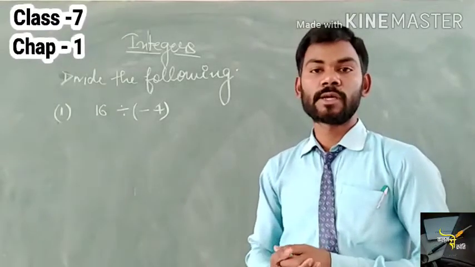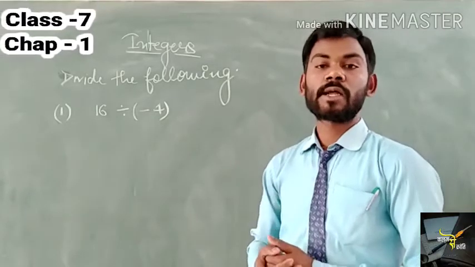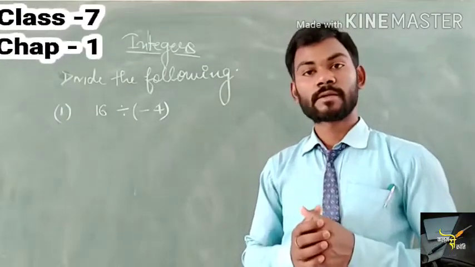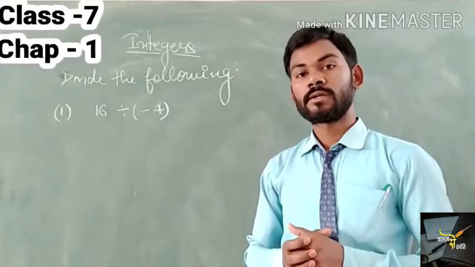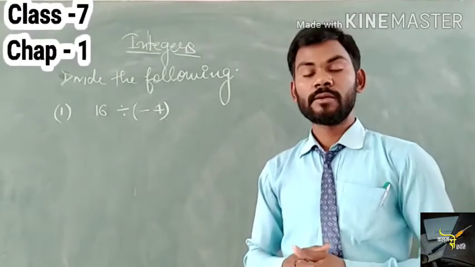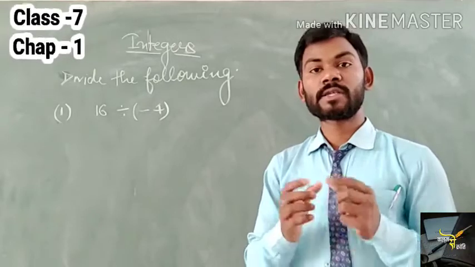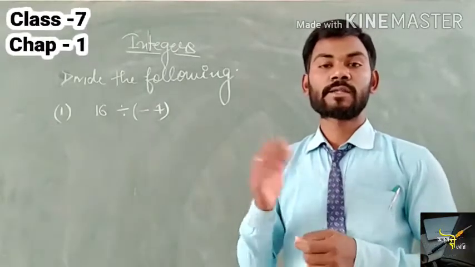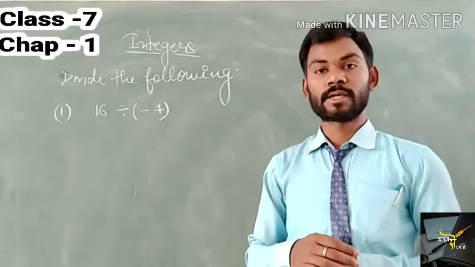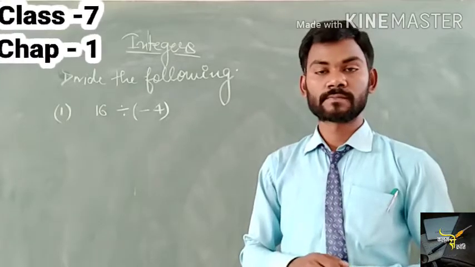As I told you, when the dividend and divisor have different signs, the quotient will always be negative, and when the dividend and divisor have the same sign, either both positive or both negative, the quotient will always be positive.